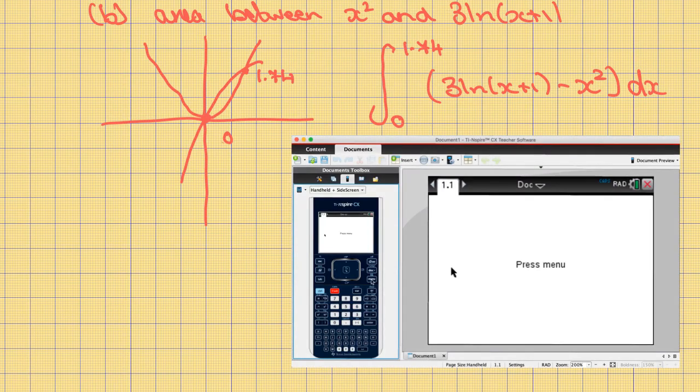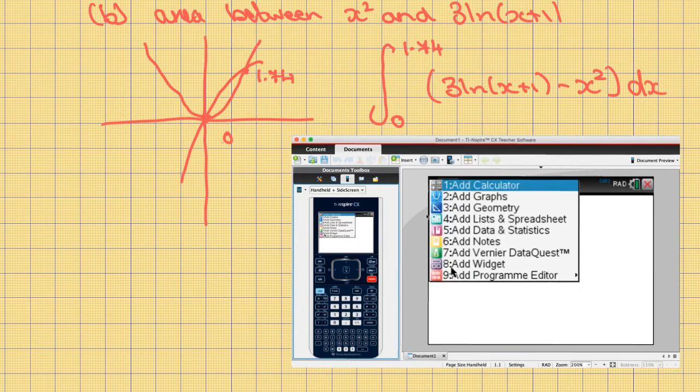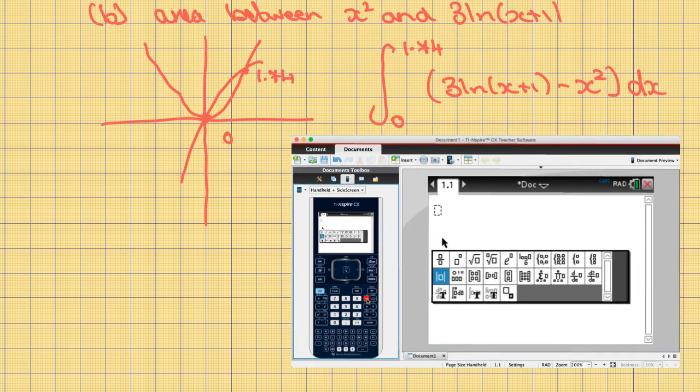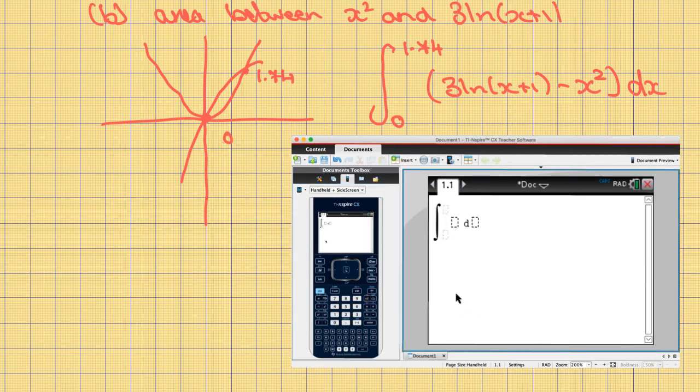A TI Inspire, open a calculator page, and then you want to open your little box there which gets all the mathematical symbols. You want your integral, so click on it, and now you can put in your two integral values. So one of ours is 0, the other one is 1.74.